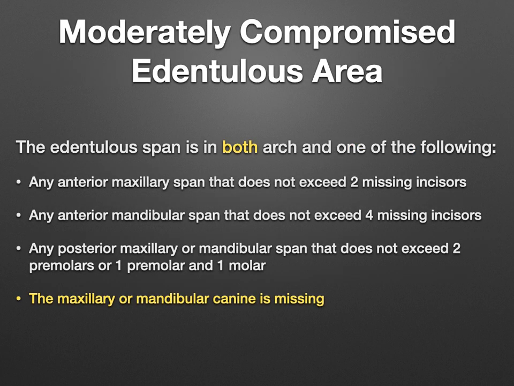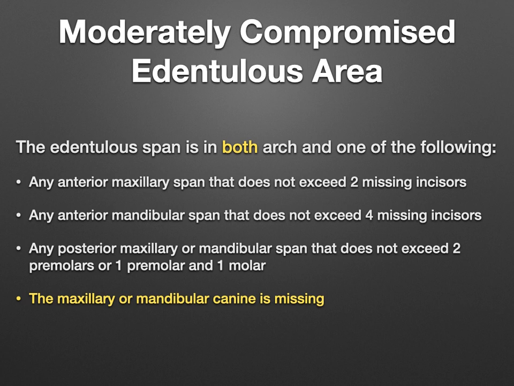The second is the moderate compromise. The moderate compromise is basically when the missing teeth involve both arches, meaning the upper and lower arches both have missing tooth areas. However, the other numbers are the same as ideal. As you can see, the upper anterior shouldn't be over 2 teeth, the lower anterior shouldn't be over 4 teeth.